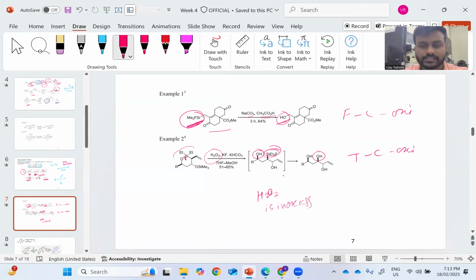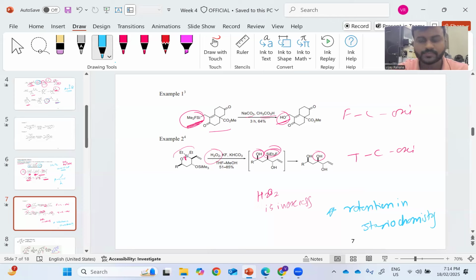And in this case, the retention of stereochemistry occurs. That is also one of the key points that you need to keep in mind. So in both these oxidations, the retention of configuration occurs.